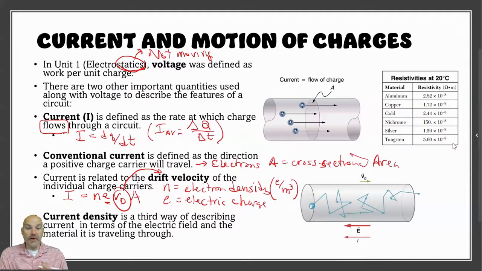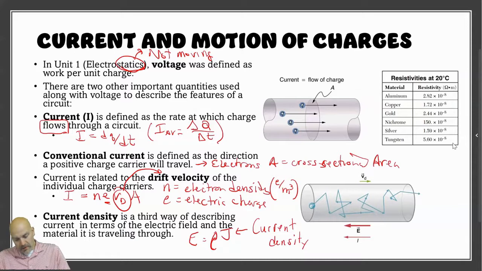And then finally, current density. It's simply a third way to describe current, in terms of electric field. The electric field is going to be rho times J, and J is that current density. Rho is something we'll talk about in the next video, resistivity. Basically it tells you how resistive the material is.